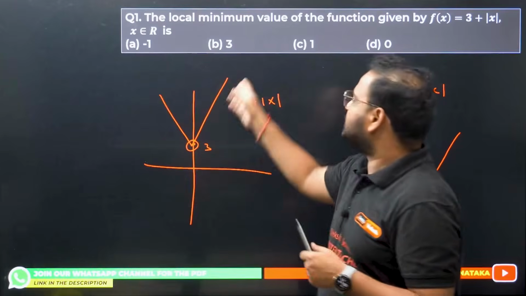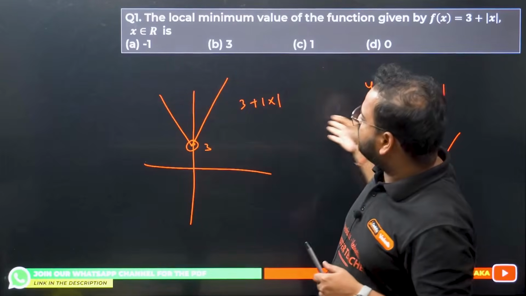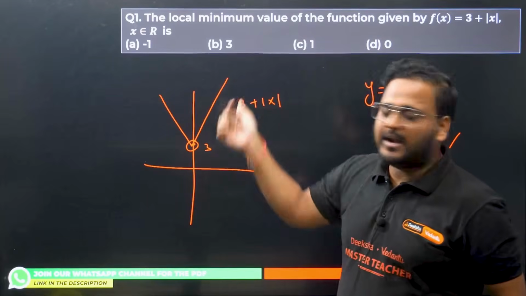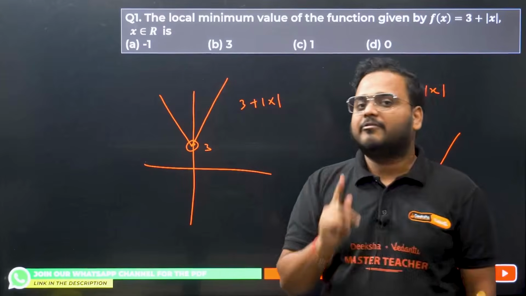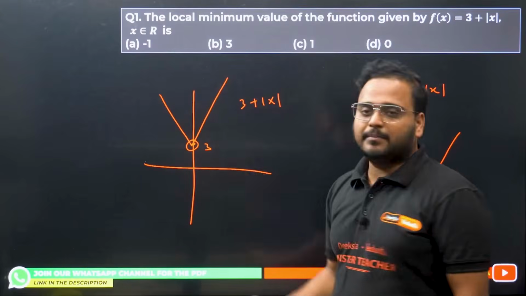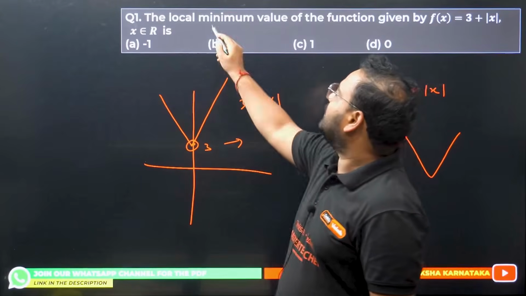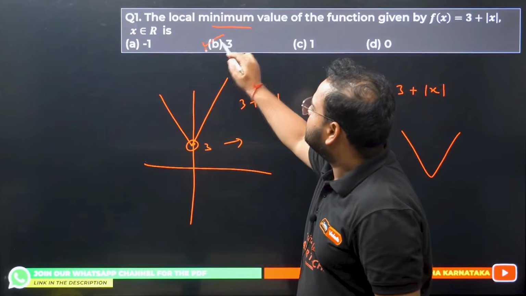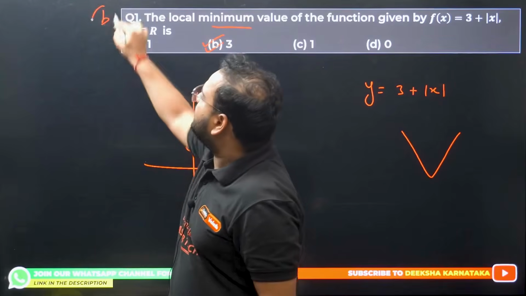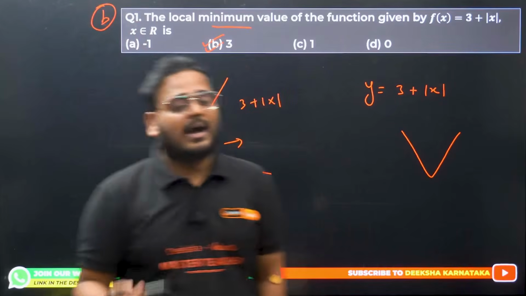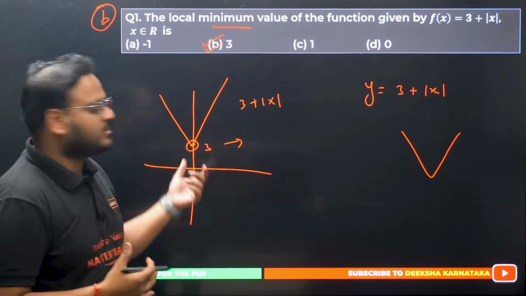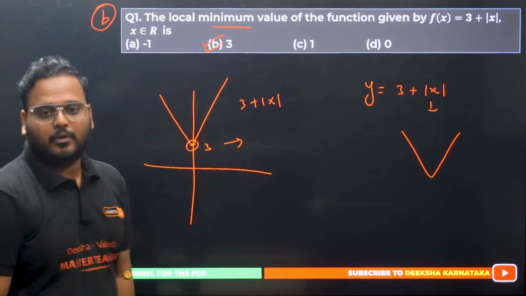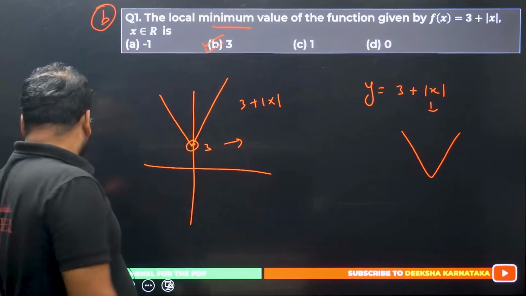If you keep going towards the right, you'll keep getting larger values every time. So you cannot define any one fixed maxima, but you can define a minima. This will become your local minimum value for the given function. Answer is going to be 3. So we can get a question from AOD without actually applying the derivative, because the function is non-differentiable at x equals 0. Simple.